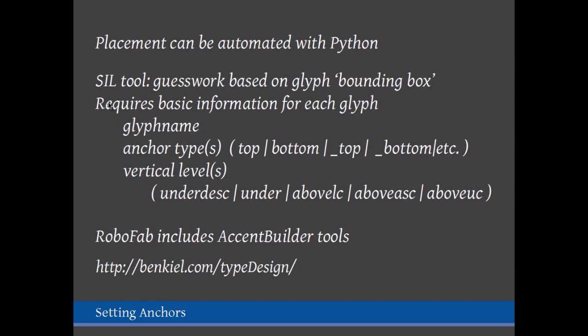So, for example, what we've done is we've used Python scripting to automatically place anchors for us. For draft purposes, we then go in there and manually adjust. And so we have a control file that has glyph name, what sort of anchor we want, and what level that anchor should be at. And it just goes through, figures out the center of the bounding box of the glyph, and places it at that point. That's just how we've done it internally. It's not a script that we've made available.